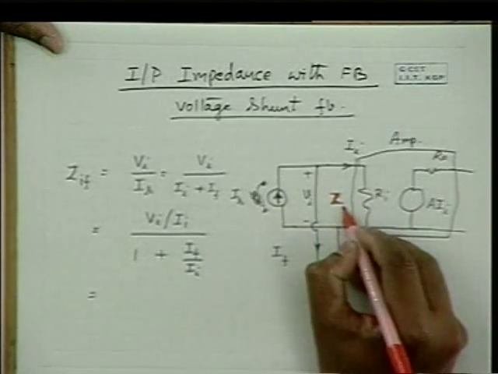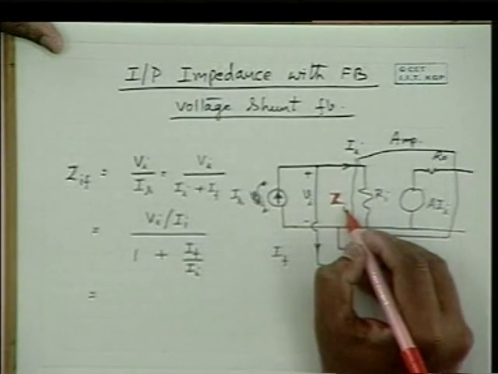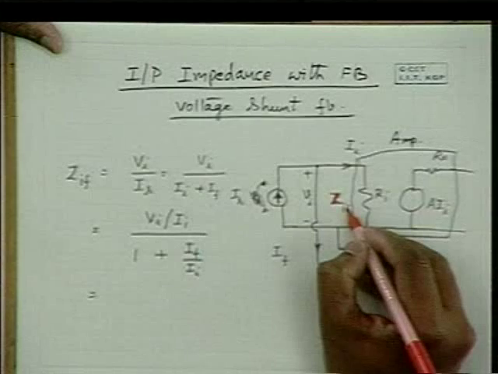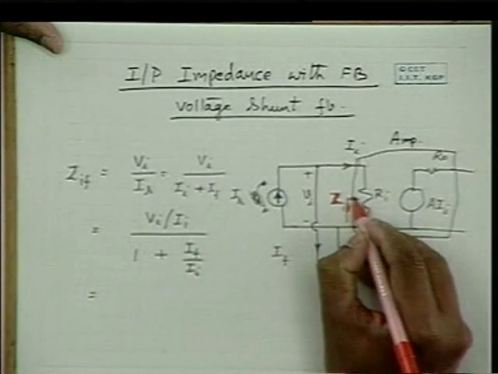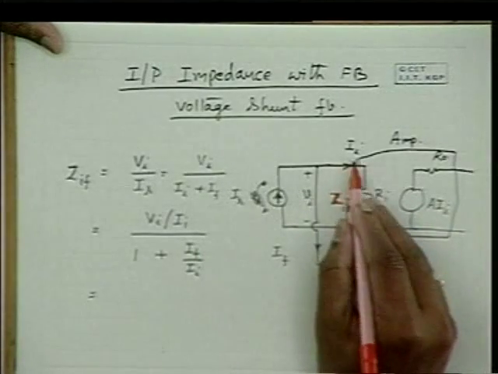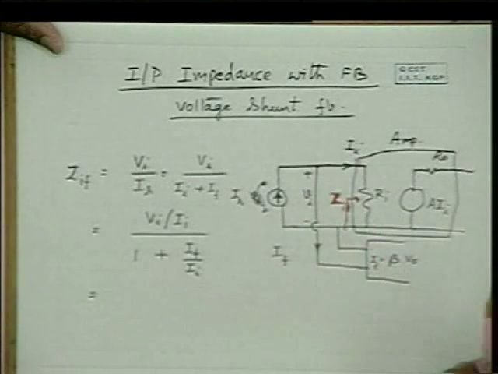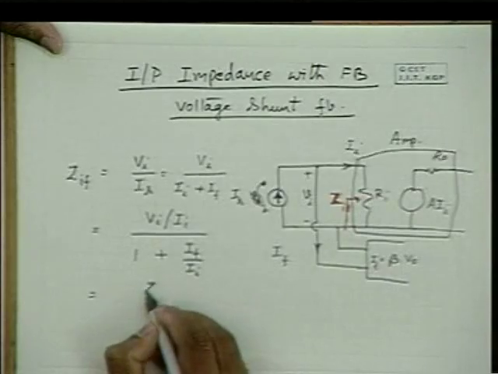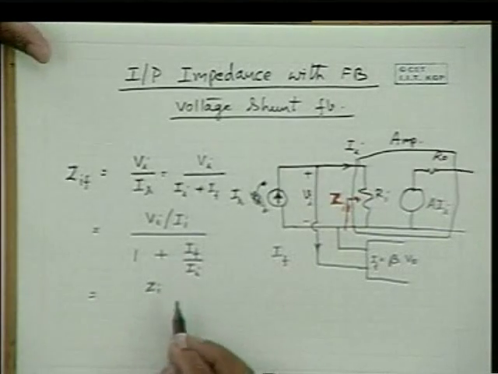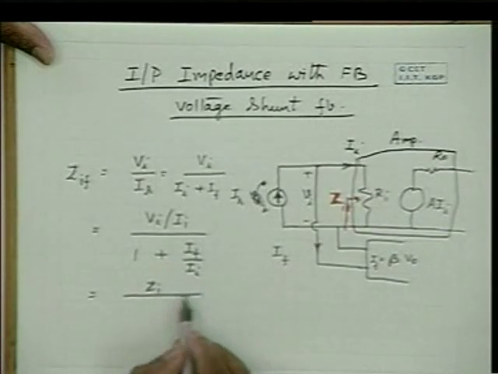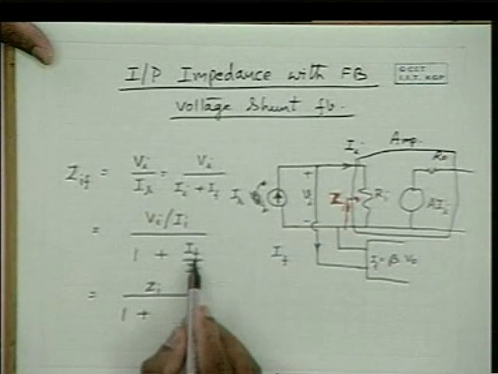If I designate it as a complex quantity, it is Zi, the input impedance of the amplifier without feedback. Therefore, this is equal to Zi divided by 1 plus If by Ii.